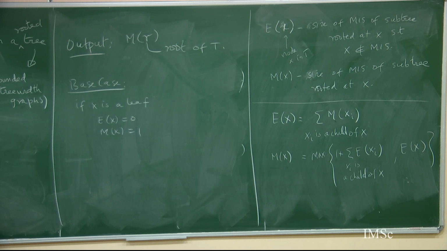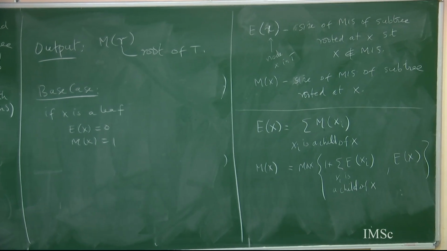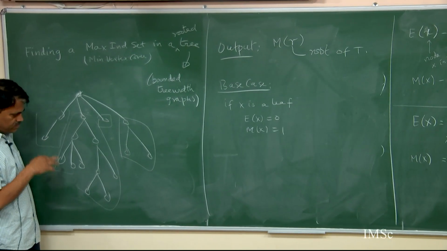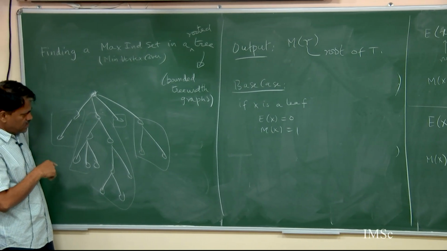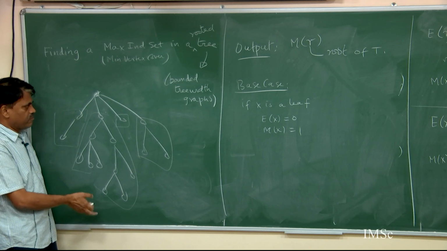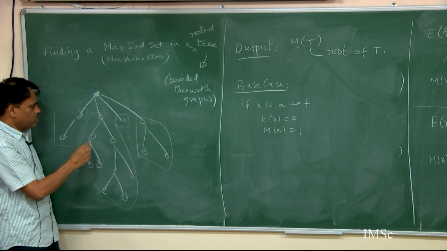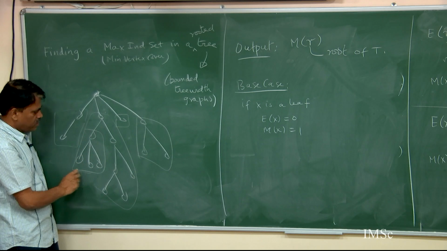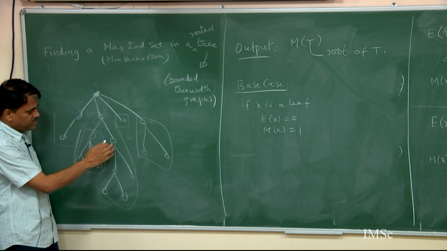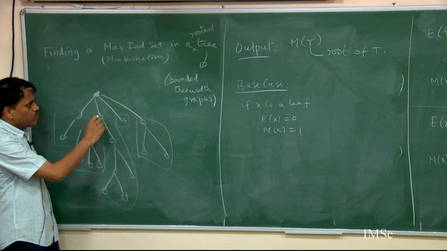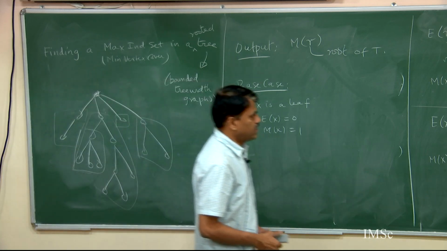That is it. So now you do a post order traversal of the tree, going from the leaves. When you get to a node, you know the Mx and Ex of its subtrees, so you can use this formula to compute.